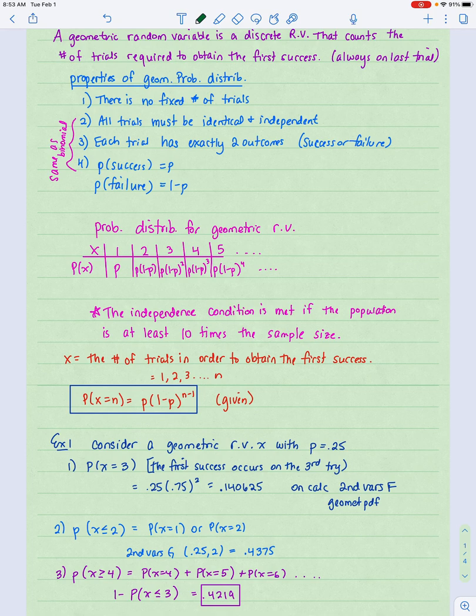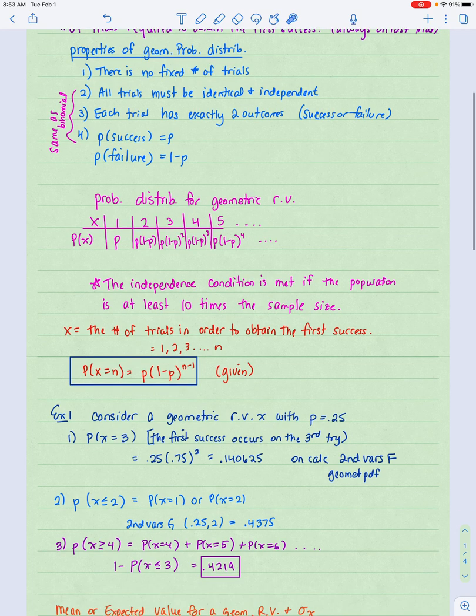That formula is given on your formula sheet for the AP. So, you don't have to memorize it, but you have to know when to use it. So you have to know when it's geometric or binomial because they're different with their formulas and they're different to do on the calculator. So I'm going to show you how to do that as well.